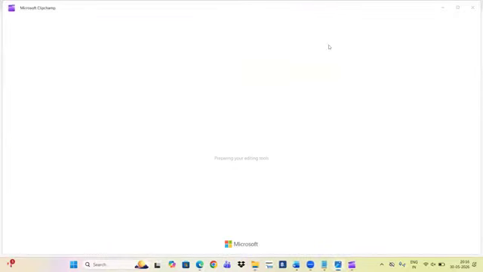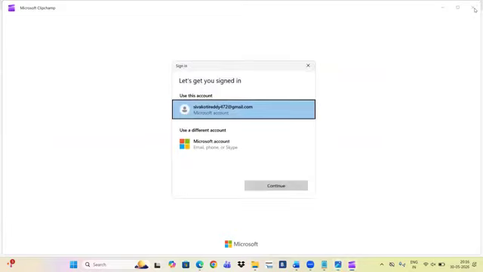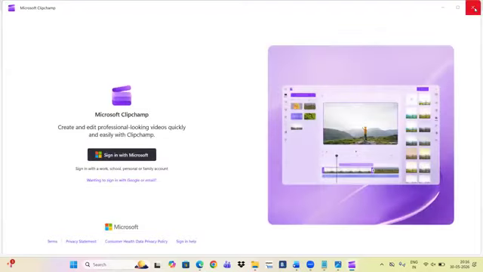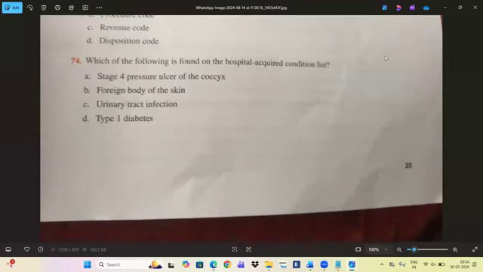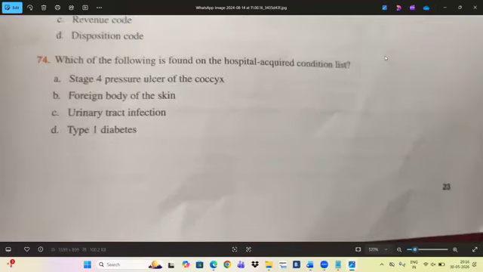You will get a question like this, guys: which of the following is found in the hospital acquired condition list? They will give some diagnosis list, and in this we need to find the hospital acquired condition.